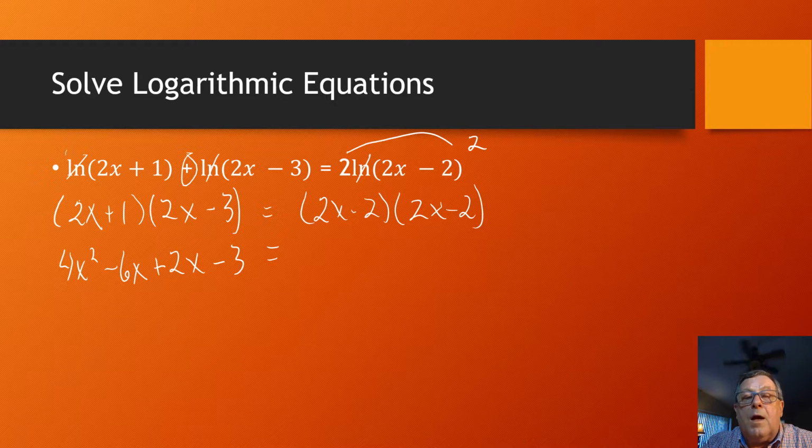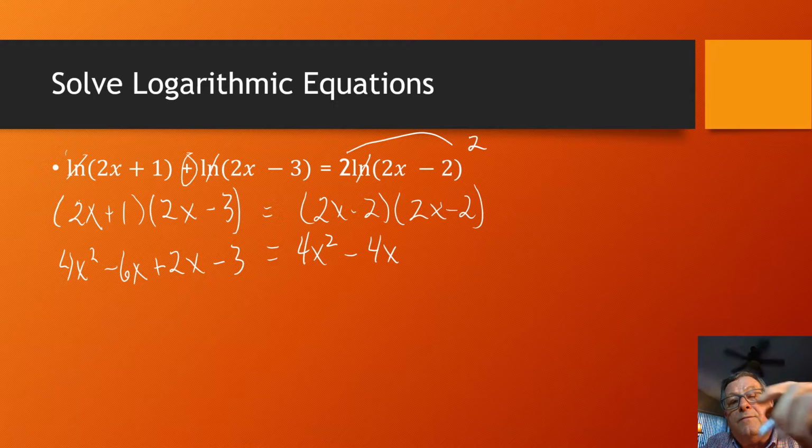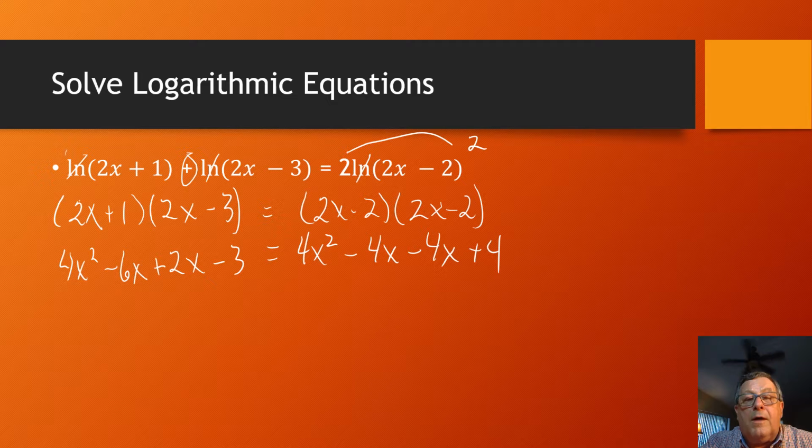And then over on the right-hand side, I got 2x times 2x. Well, that's 4x squared. 2x times negative 2 is negative 4x. And negative 2 times 2x is also negative 4x. And negative 2 times negative 2 is positive 4. Now I want to set this all equal to 0, and so I'm going to subtract everything over here on the right-hand side to the left.